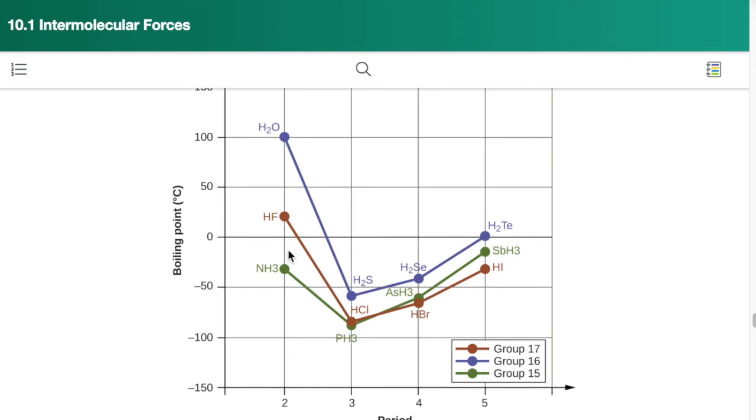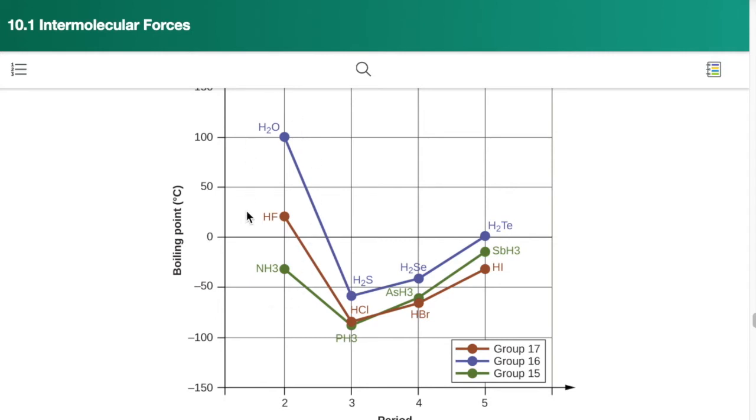In reality, however, water, hydrogen fluoride, and ammonia have much higher boiling points than these trends would indicate. And these higher boiling points are caused by this extreme polarity of the molecules known as hydrogen bonding.